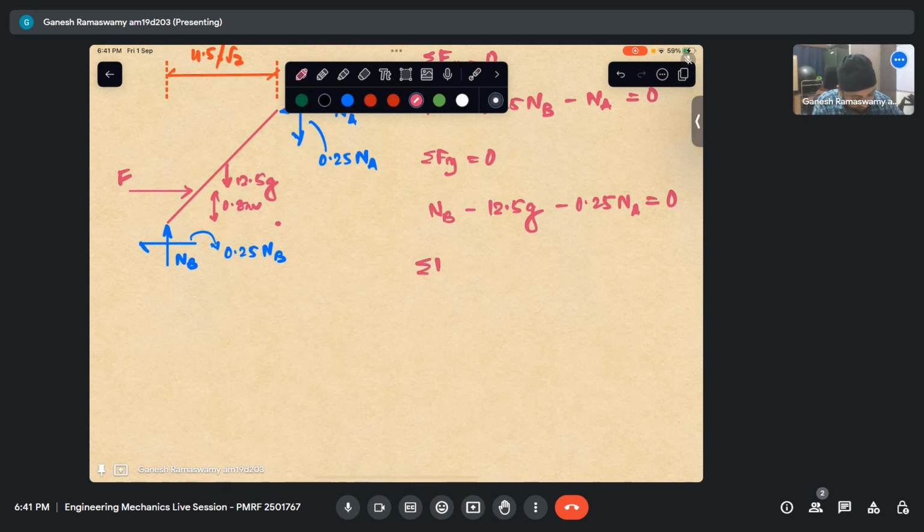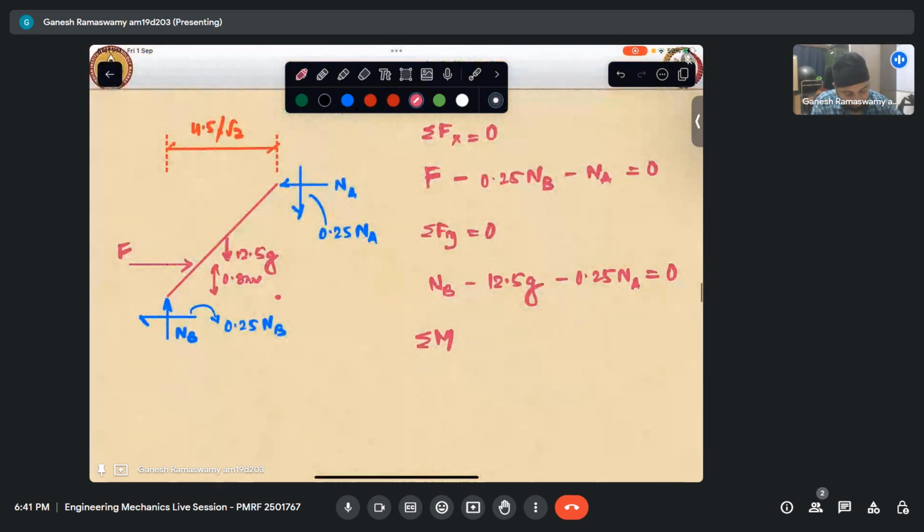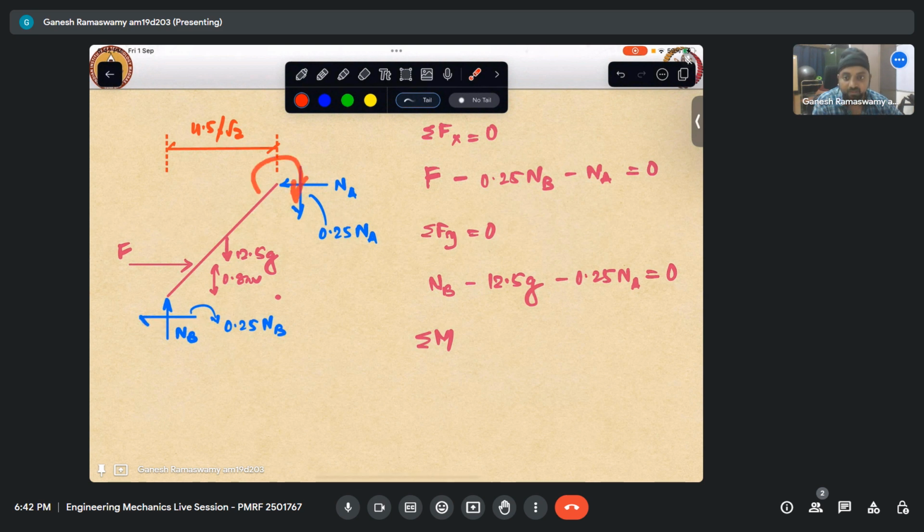Now let me apply moment about a point where I can eliminate unknowns easily. I can take it about any point in space. Let me take it about this point, A. So I can see that this frictional force will create a clockwise couple there. NB will also create a clockwise couple there. For NB, this is my lever arm. For this force, this distance will be my lever arm.